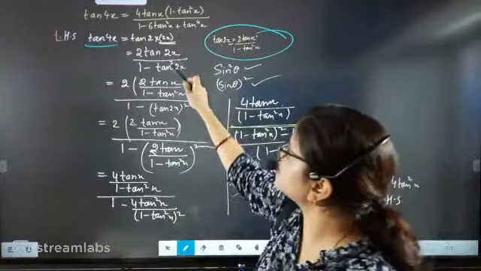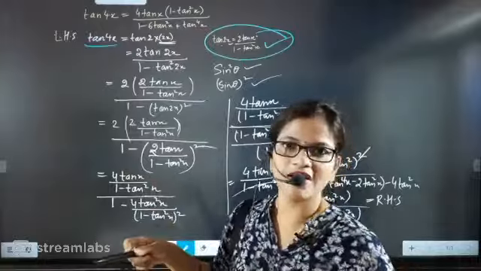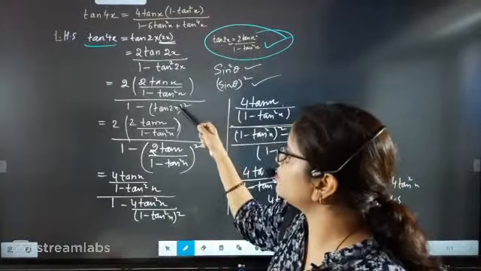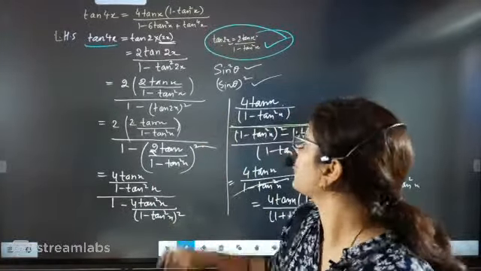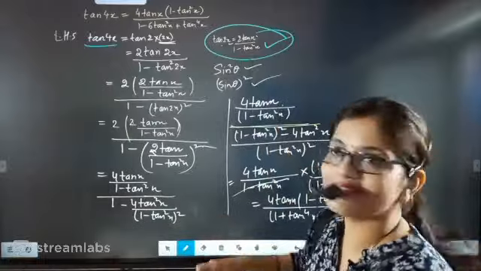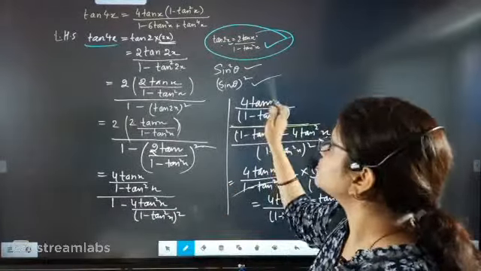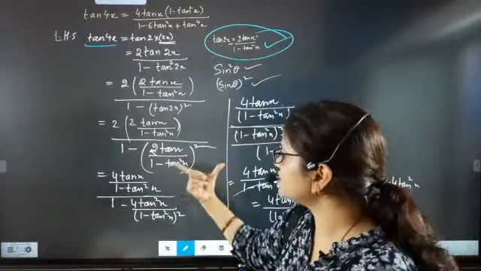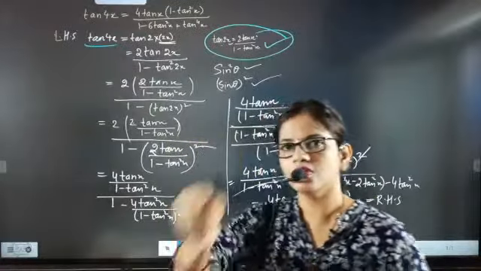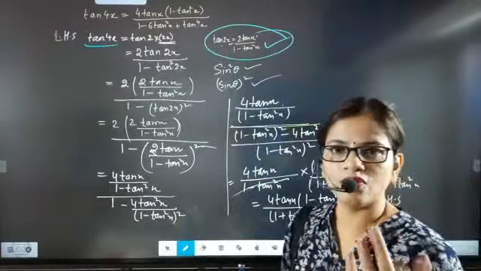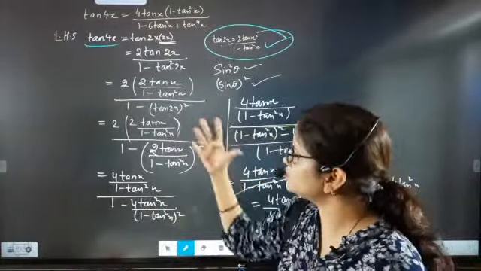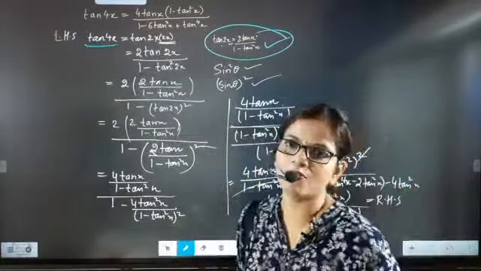So wherever x was there, we wrote 2x, and 2x means again we can split it one more time. So again we can open that by using the formula. So one time numerator and denominator both we have done, and after that we know tan square theta is nothing but tan theta whole square. So that part we have written, and after that beta, the NCERT question comes in your hand now. Nothing you have to lose, everything you have to only gain once you know the formula and technique of solving.